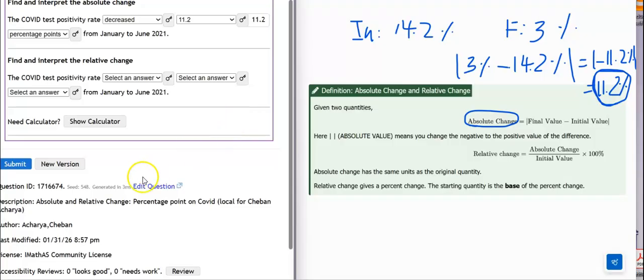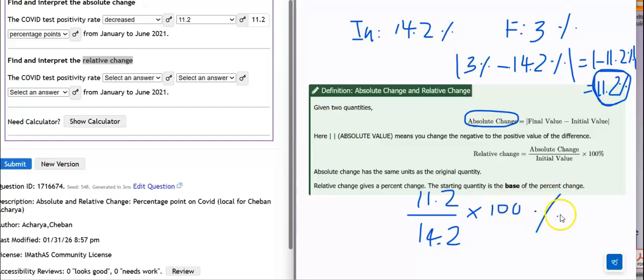Make sense? Okay, now relative changes going to be, here's a formula, absolute changes divided by initial value. So here absolute change is going to be 11.2 divided by initial value going to be 14.2 times 100%. So the idea here is you have to put this in the calculator.